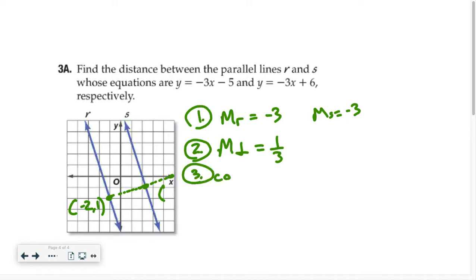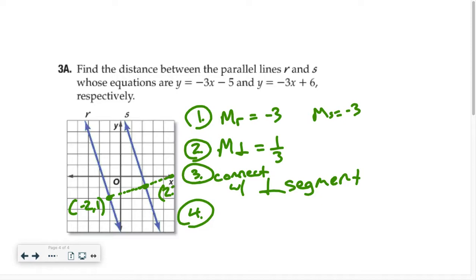That was connect with that perpendicular segment. And now we're finding the distance, but to do that we have to find the point there. So that point would be 2 1/3 or 2.3 and -1. So you'd find the distance between those two points.